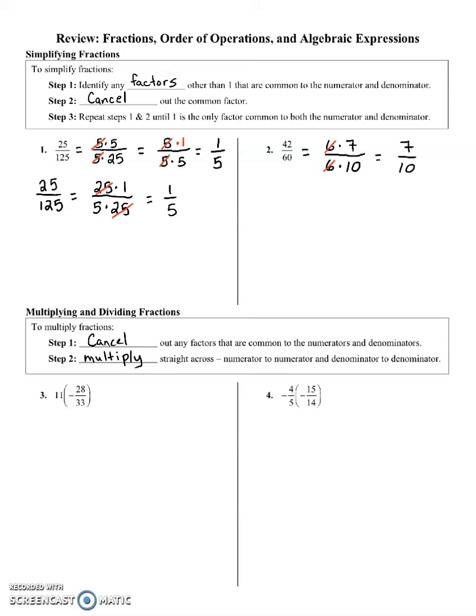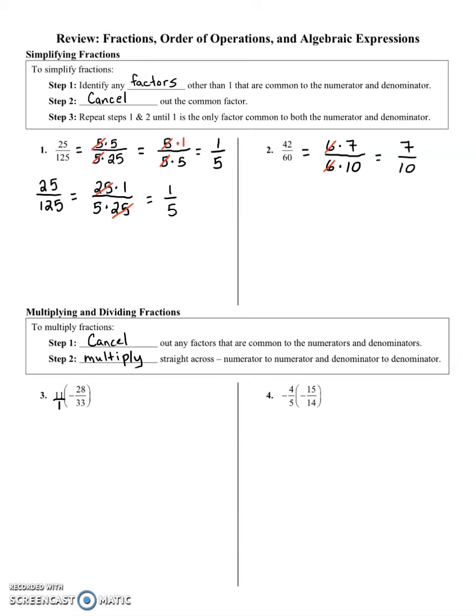So if we look at 11 times negative 28 over 33, the first thing we can do is any whole number we can write over a 1 in the denominator. Why is that? The denominator tells us how many pieces we've divided something into.